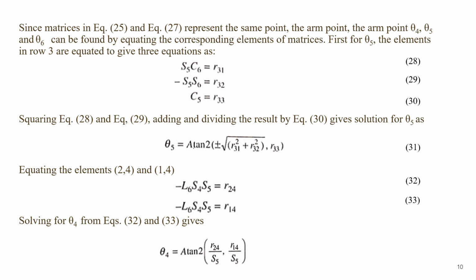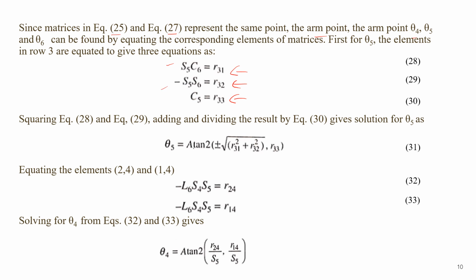From the matrices, equations 25 and 27 represent the same thing. The wrist joint variables theta 4, theta 5 and theta 6 can be found just by equating the corresponding elements of the matrices. First for theta 5, the elements in the third row are equated, that is R31, R32, R33.